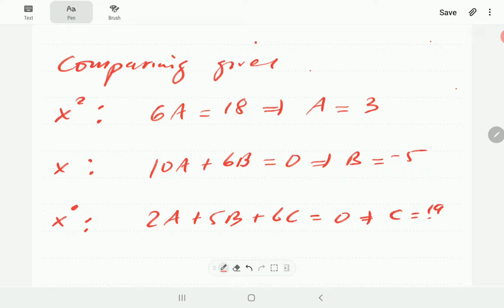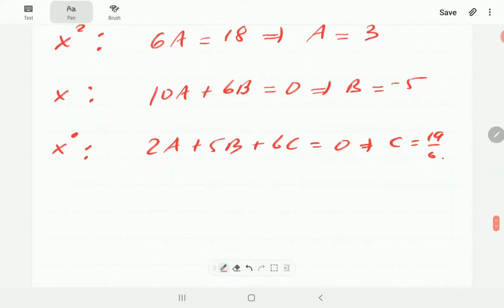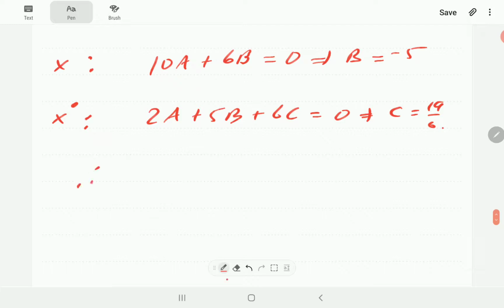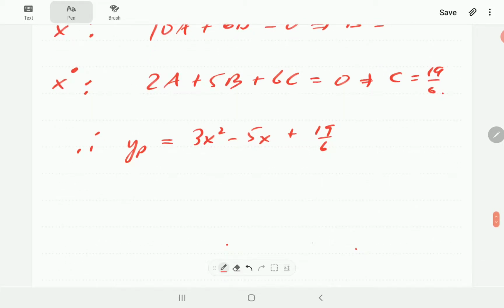Again, if we solve this, we should get c is 19/6. So what this is telling us is that the particular integral is 3x squared, a is 3, b is -5, c is 19/6.